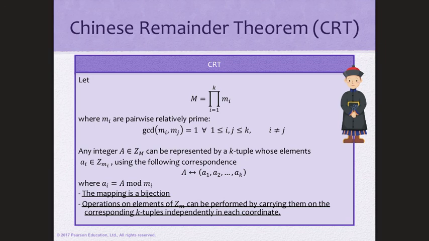So for example, if I have a number, let's say 124, and this number is represented mod, let's say 12, so that's my capital M. I can say that M, capital M, is equal to 12, which is equal to 3 times 4.